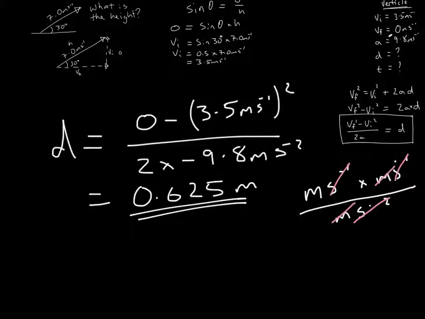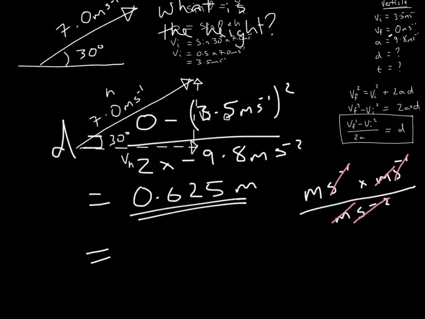0.625. The answer isn't perfect because if we're doing NCEA physics, they ask us to put the answer in the correct number of significant figures. And to work that out, we look at our first information that was given to us, and that's at the top here.